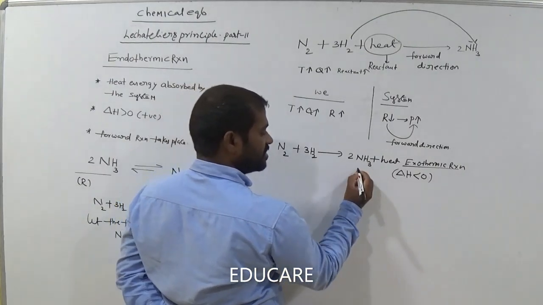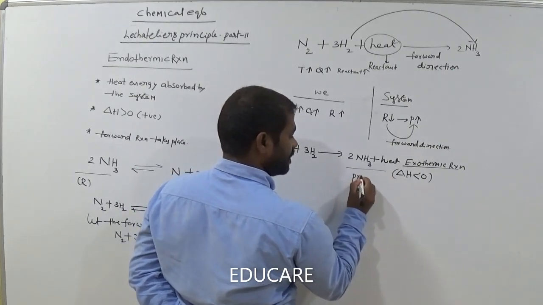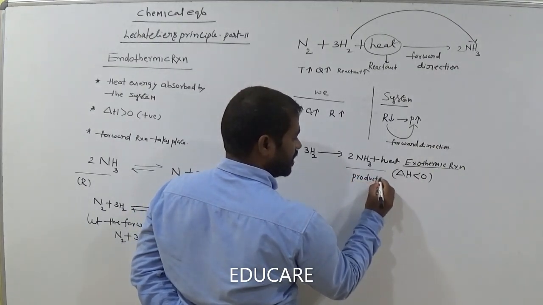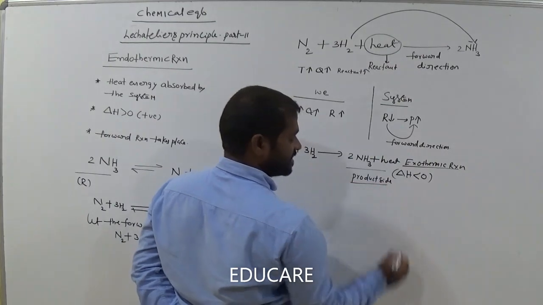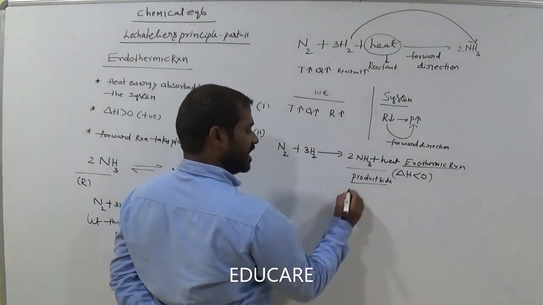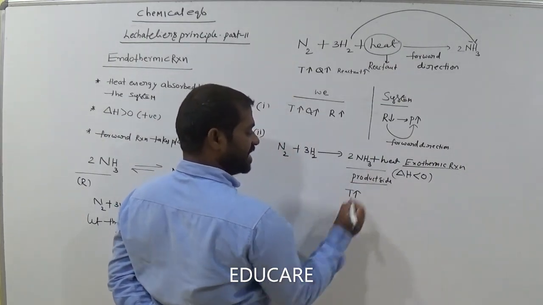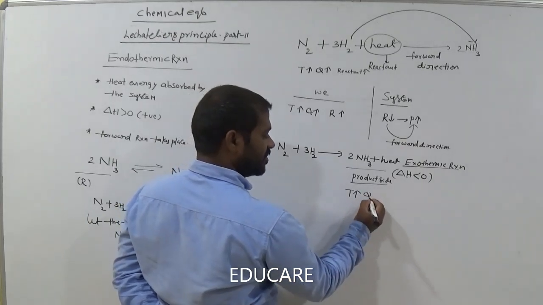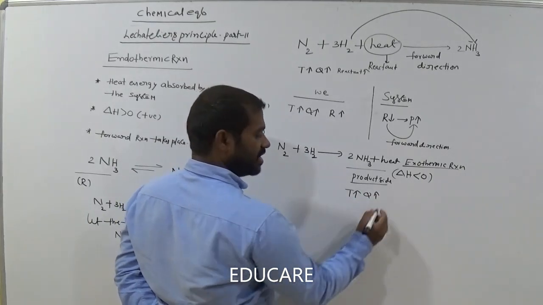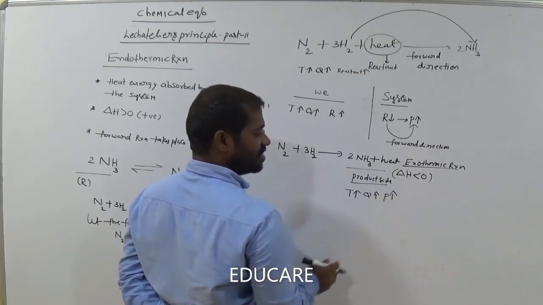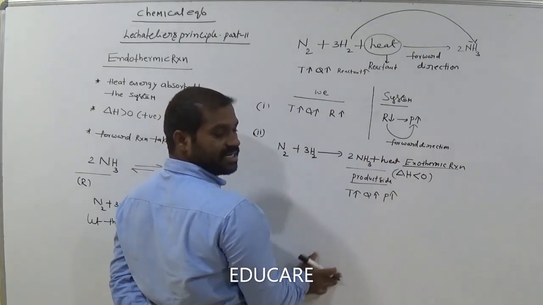So this is the product side, you know. Product side. So here temperature is high at the product side, and also automatically Q is high, and product concentration is also high. Why? Because it is at the product side.